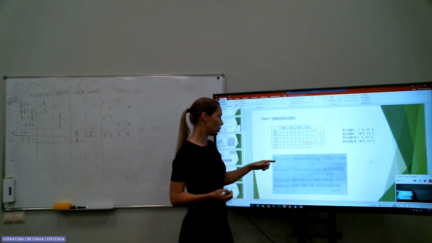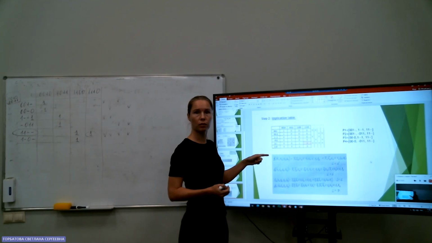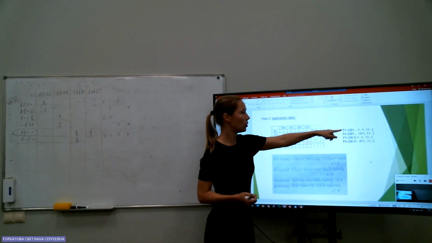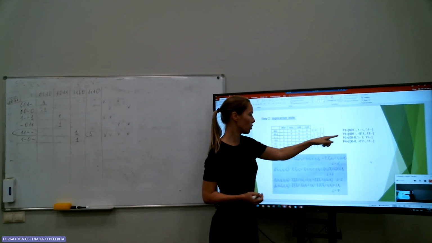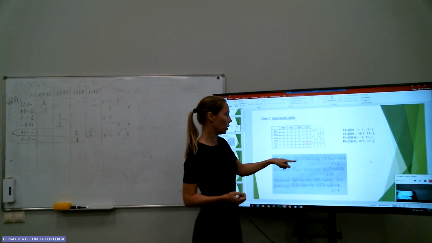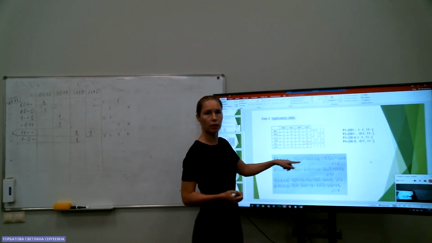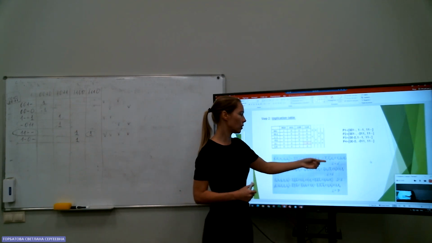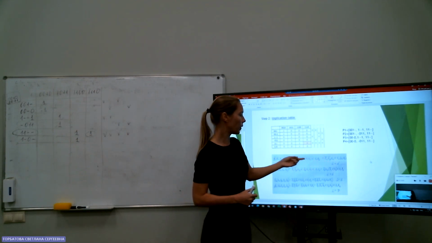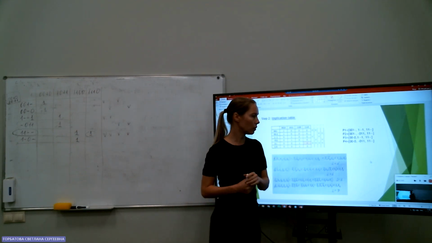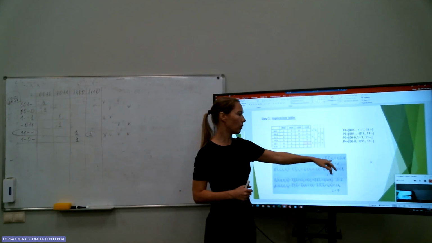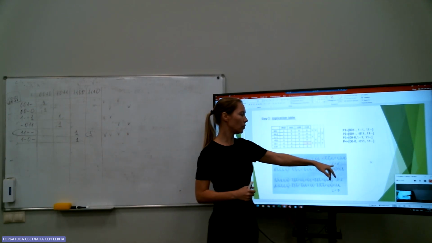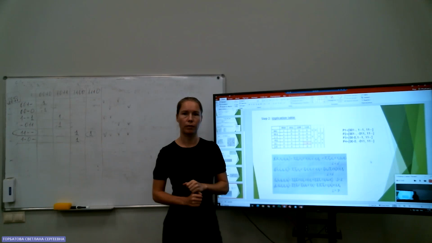So P1, it is function F1. If 0, 0, 1 dash, then not x1, not x2, x3. And we can use distributive law later, and length will be 6.